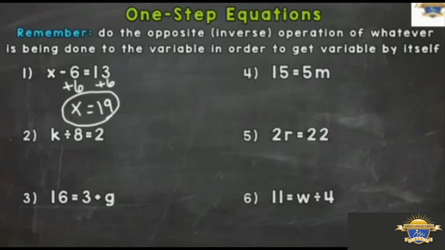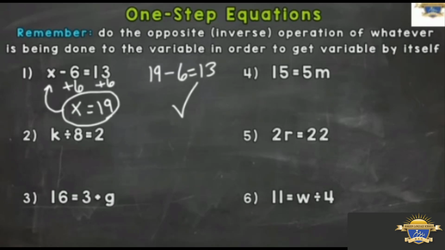So 13 plus 6 gives us 19. So x equals 19. Now we have to check if our answer for the variable is correct. Put 19 here instead of x. So 19 minus 6 equals 13. So our answer is true.